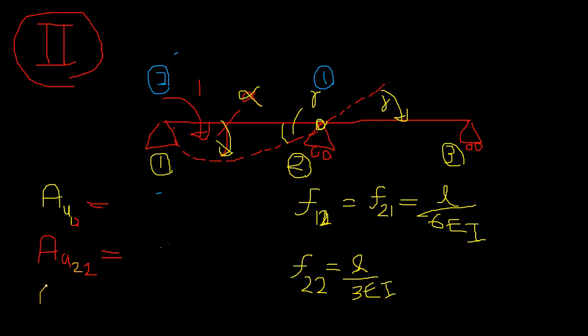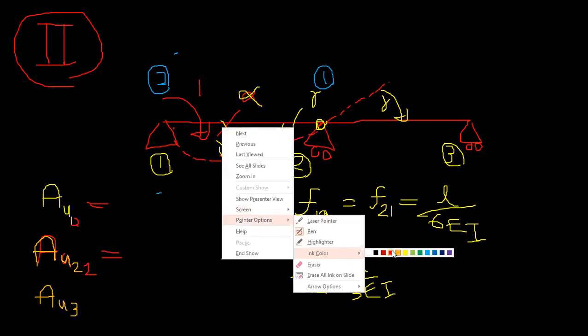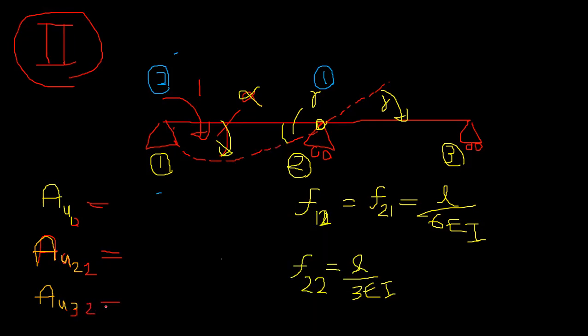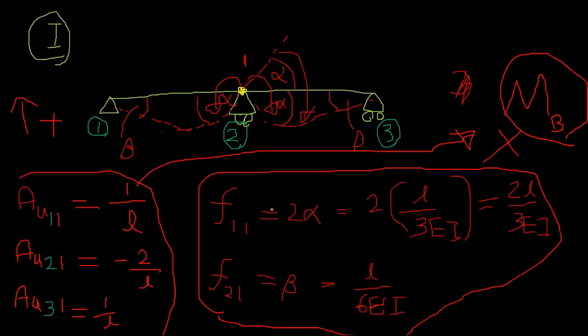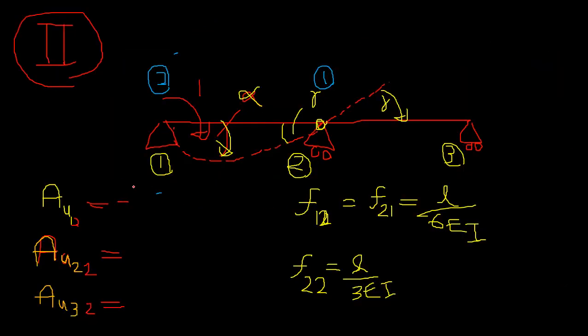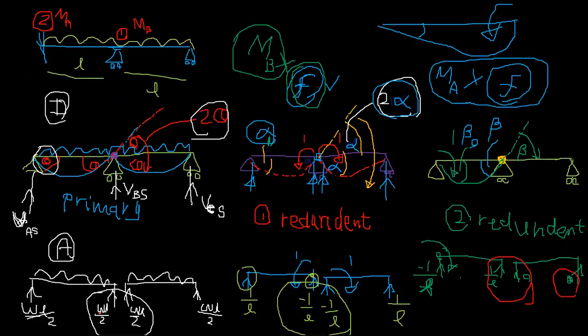This is action at the third action coordinate due to the redundant at 2. So what were they? We considered this is -1 over L, 1 over L and 0. So altogether 1 over L, 0, -1 over L, 1 over L, 0. So now you can write the displacement.